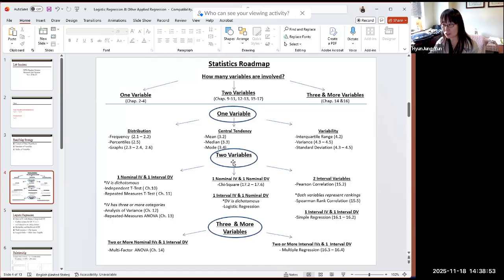You have two variables, and what you need to look at is the relationship between these two interval variables. It's going to be correlation if you don't care about causal relationships.